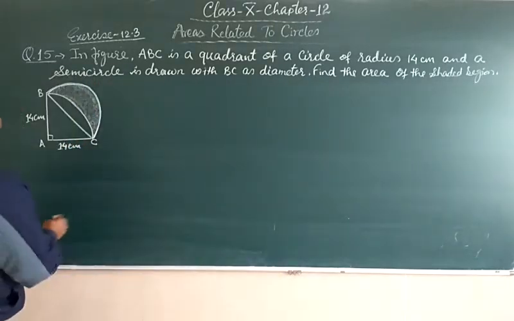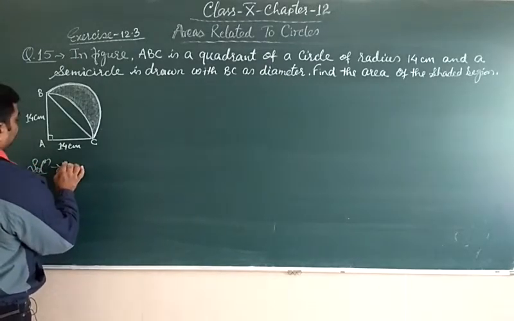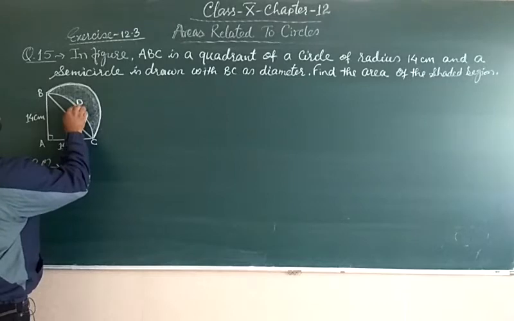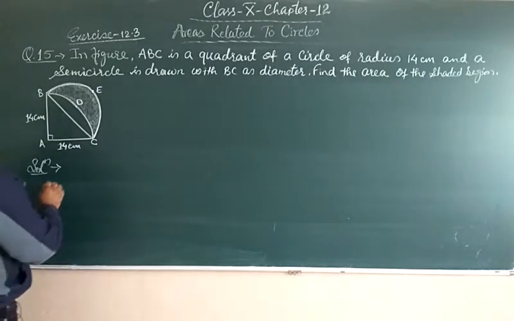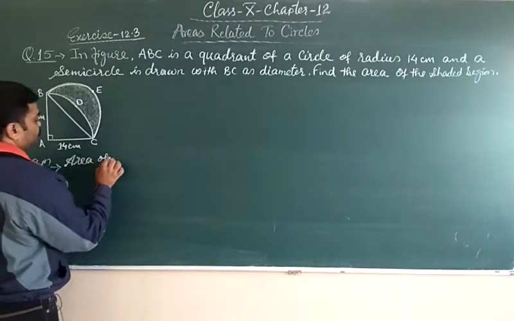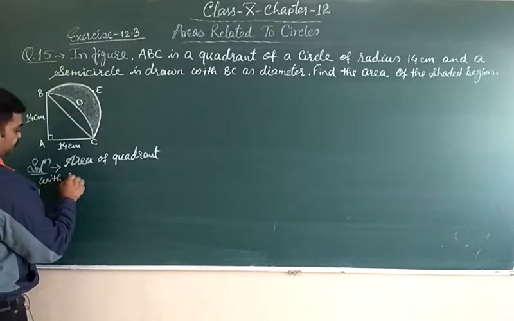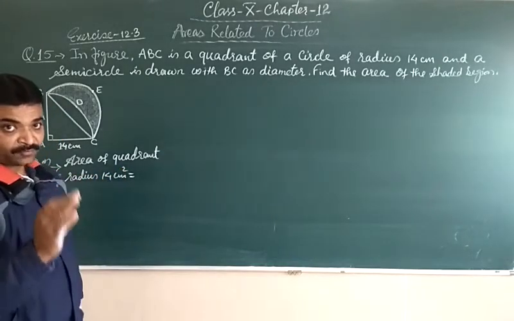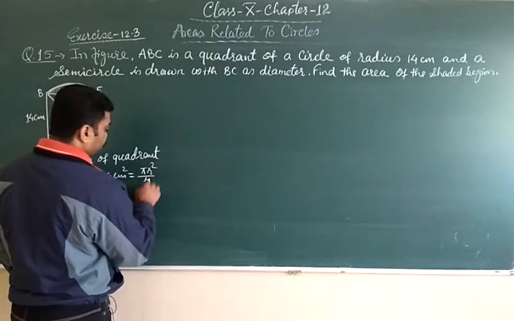Okay. Now we are starting the solution. Suppose I am taking one name here, it is D. This here is a point D, and here is a point E. Now the area of the quadrant with radius 14 centimeter is equal to, area of quadrant means 1 upon 4 of the area of the circle, that is pi r square upon 4.